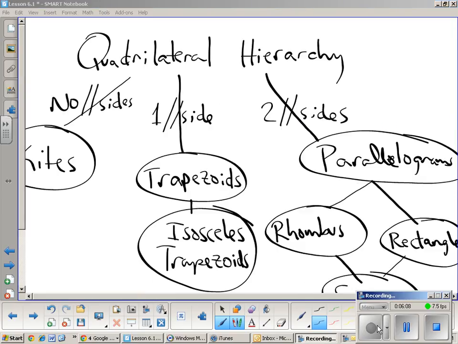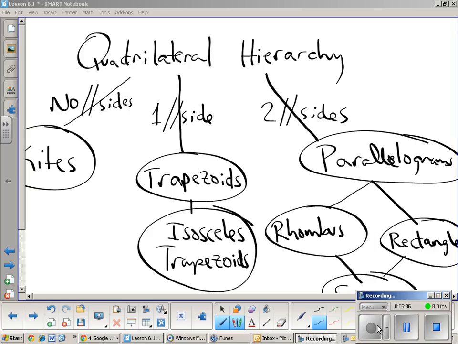Now, as I said to you, we're going to make this into a flow chart. Now, this is the quadrilateral hierarchy. We've got to write that down. Now, some people might like to see this visually up here. If you open your book to page 289, you can see another flow chart of this.